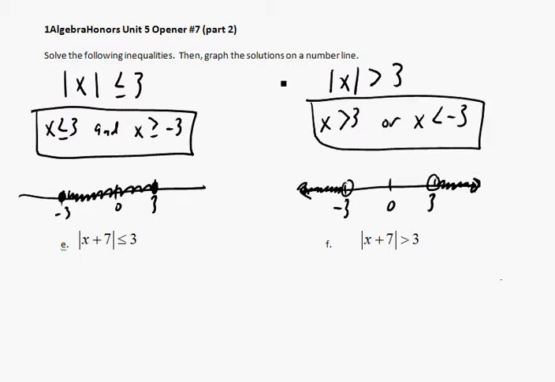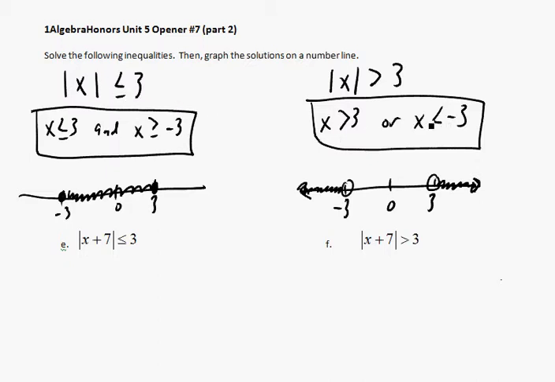So if we summarize these two basic absolute value inequalities, we see that if we have the absolute value of x is less than or equal to a number, we have to break this up into two inequalities with the word "and." You'll notice that the first of these inequalities has the inequality going in the same direction as the absolute value inequality, but the second inequality has the direction going in the opposite direction as this absolute value inequality.